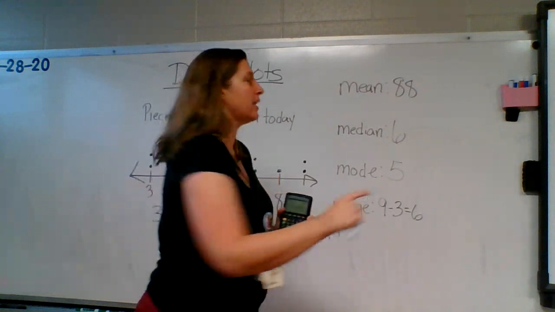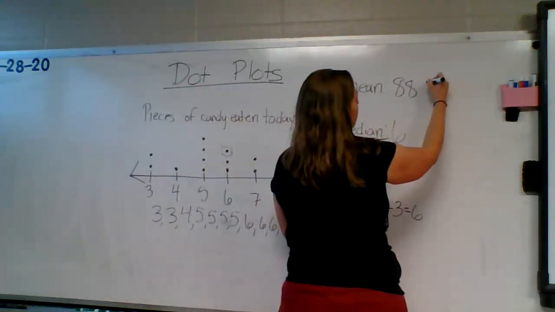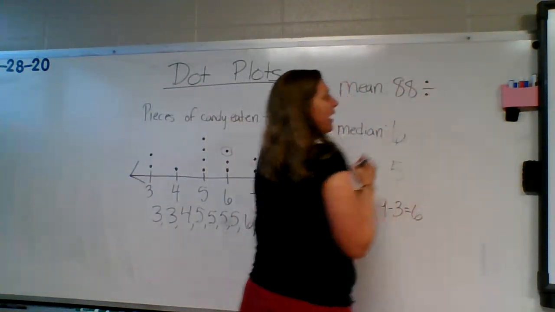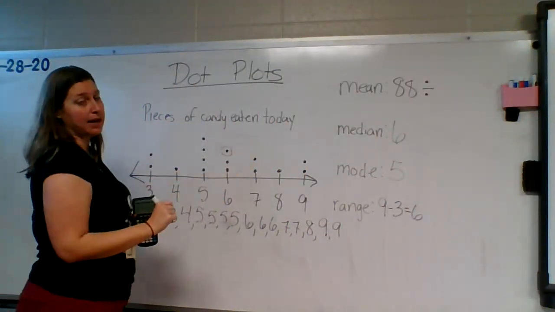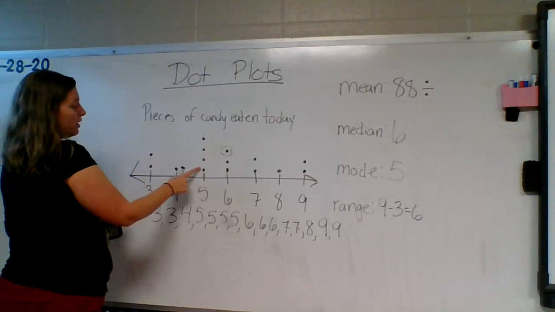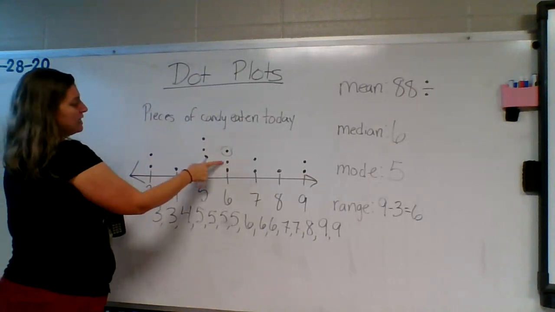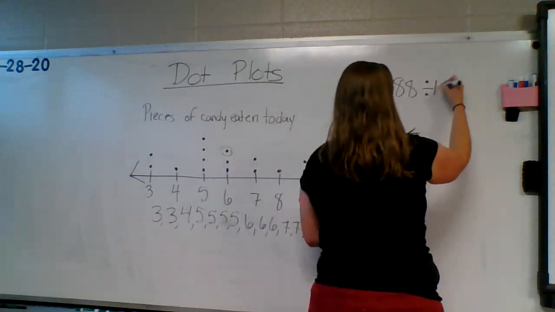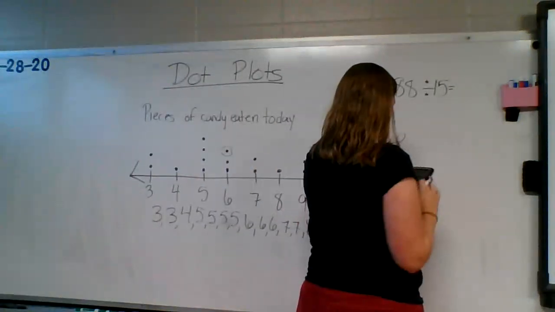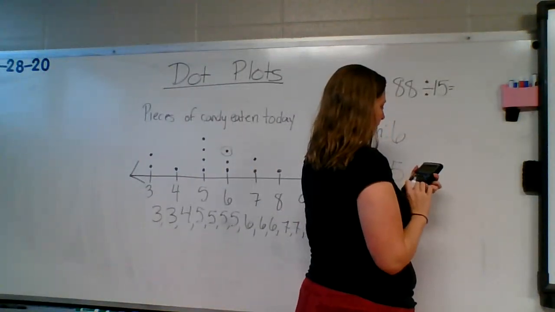So now we take our sum and I'm going to divide it by however many numbers I added. So once again, I could count my dots. 1, 2, 3, 4, 5, 6, 7, 8, 9, 10, 11, 12, 13, 14, 15. So I'm going to divide by 15. So in your calculator, divide by 15.